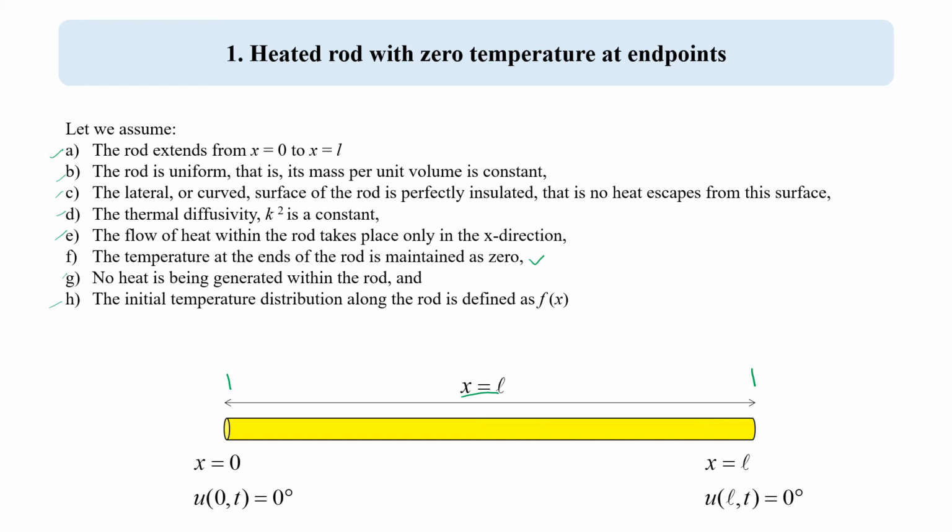We can represent this in this figure, where at x equals 0, u equals 0 degrees, where u is defined as the temperature distribution, and when x equals L, the temperature is also 0.